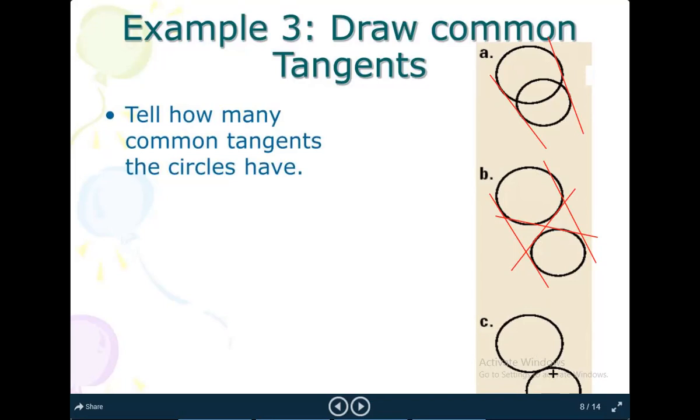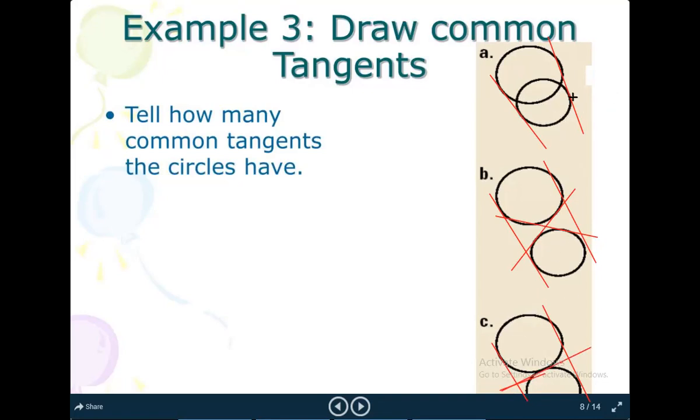What about two circles touching externally? How many common tangents? So 1, 2, and one from the middle. So how many do we have? 3.